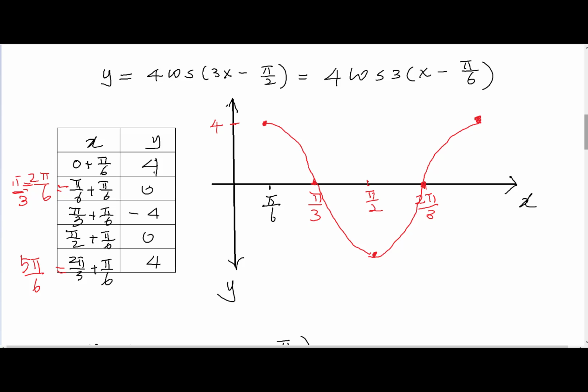So from here, since secant x is 1 over cosine x, whenever cosine is 0, secant x will have a vertical asymptote. So from this one, you may draw the vertical asymptotes at the places where cosine is 0.